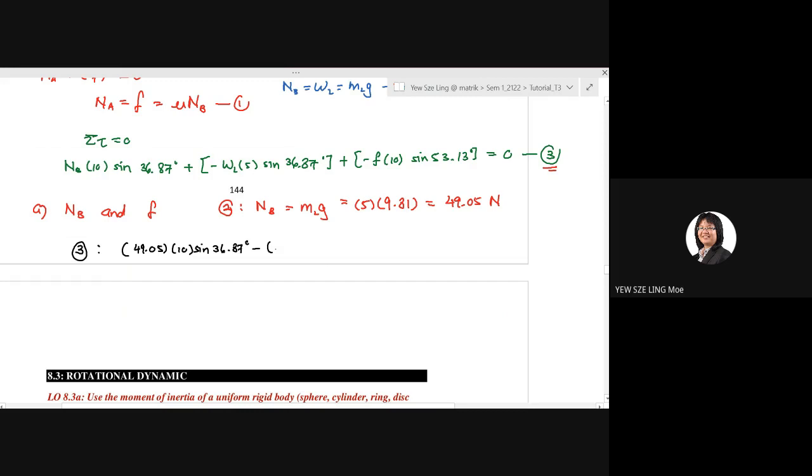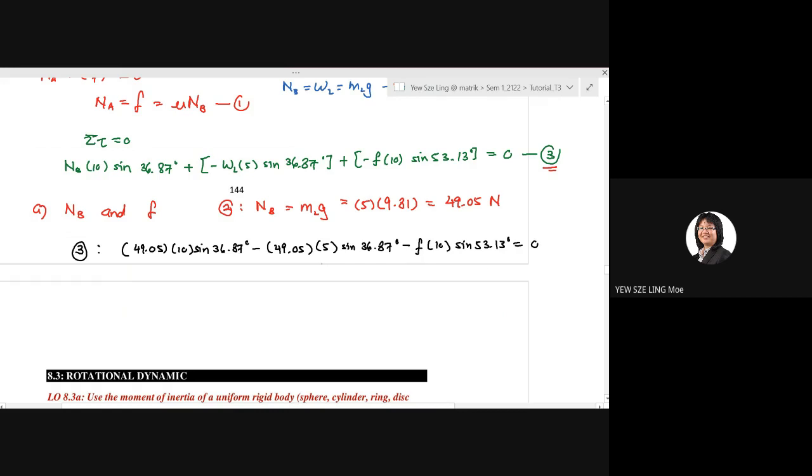Therefore, I have again 49.05, but now times 5, times 5 sine 36.87 degrees, minus friction, which is an unknown. That is the value that we want to determine, times 10 sine 53.13 degrees equals 0.